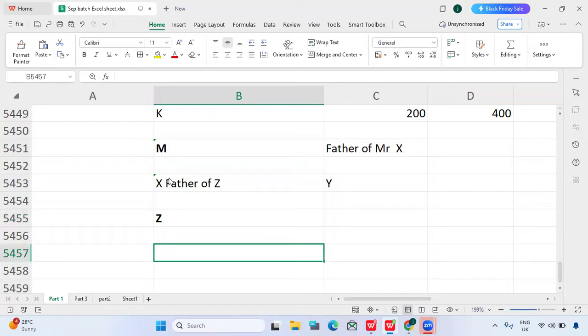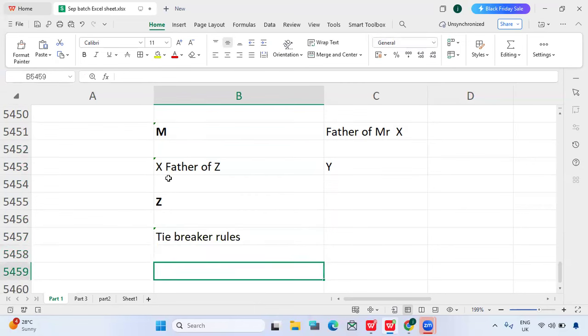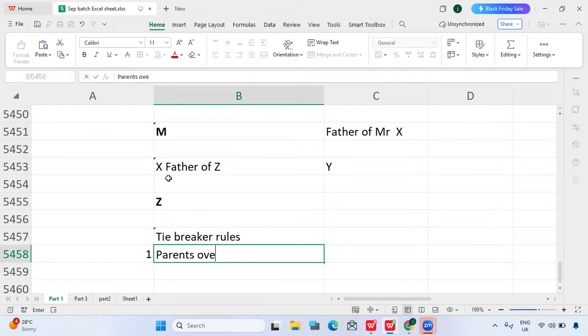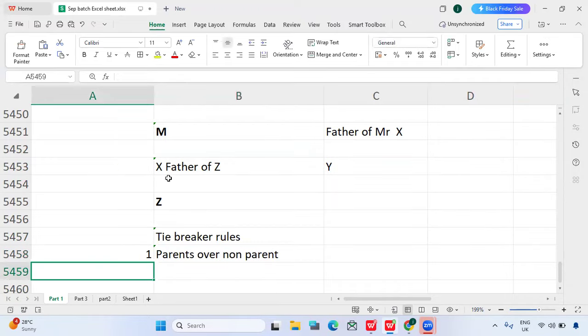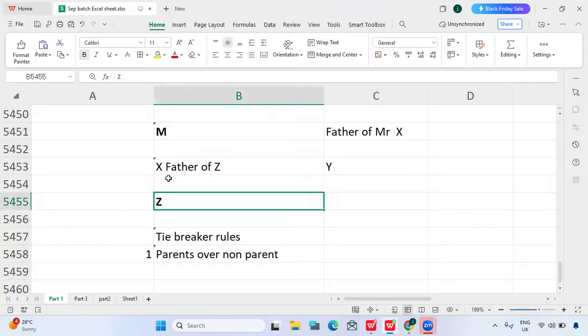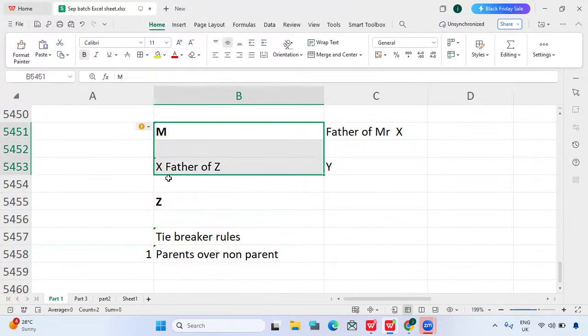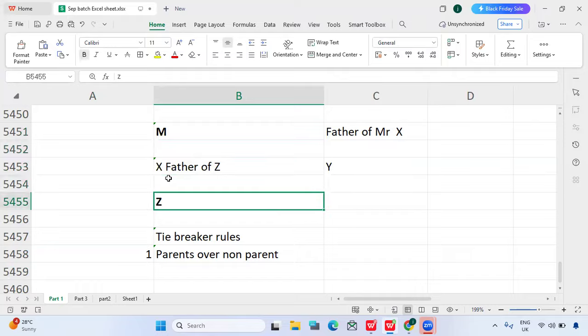In that case, we have the tiebreaker rules. The first one under the tiebreaker rule is parents over non-parents. If more than one person is eligible to claim the dependent, here M is eligible and X is also eligible to claim Z as a dependent.